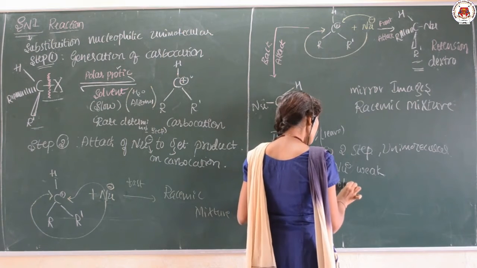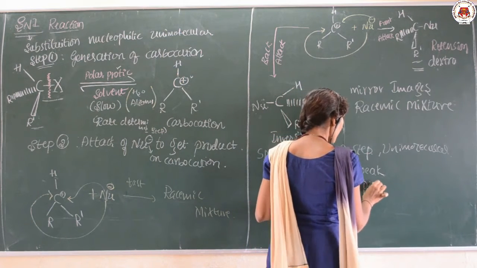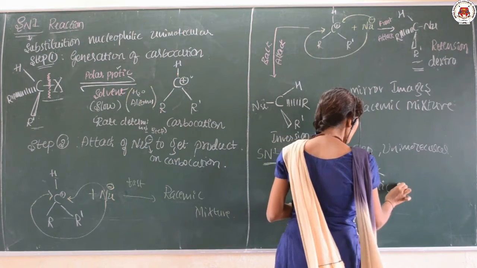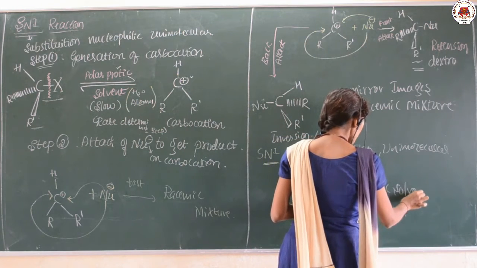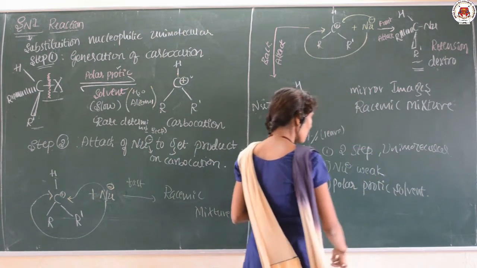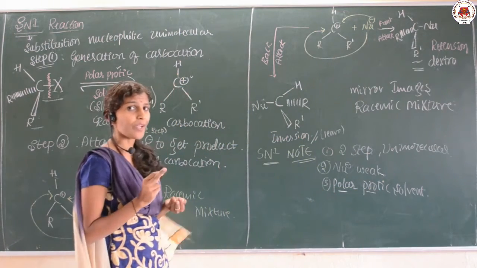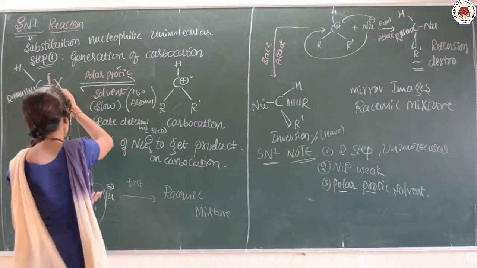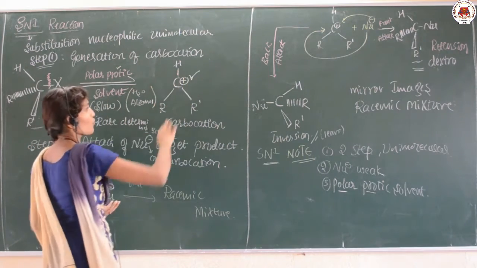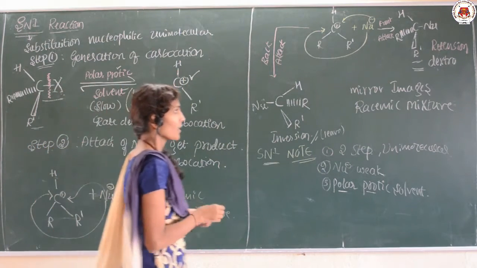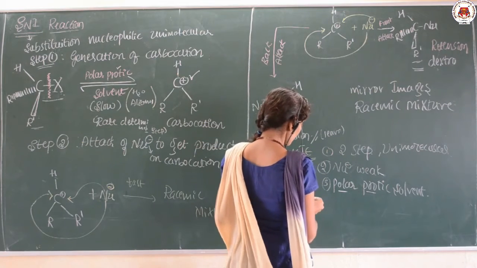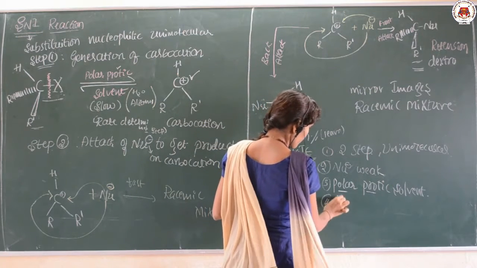One more point, here we are using a polar protic solvent, and this polar protic solvent helps to break the C-X bond and to form the carbocation. Clear? And next point, here we are going to get the racemic mixture.